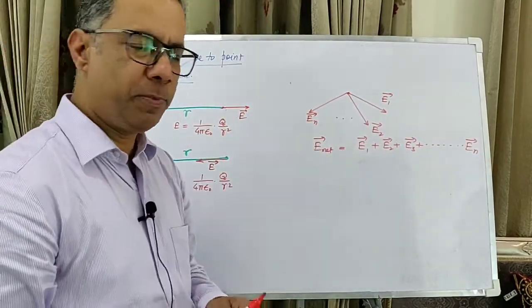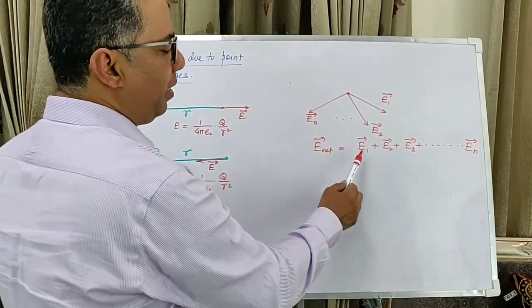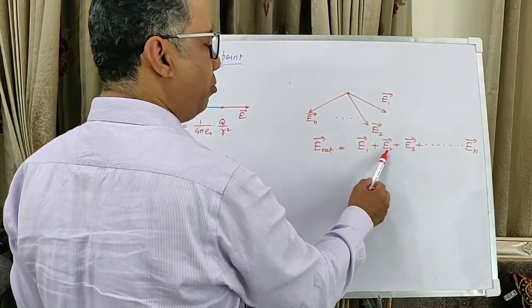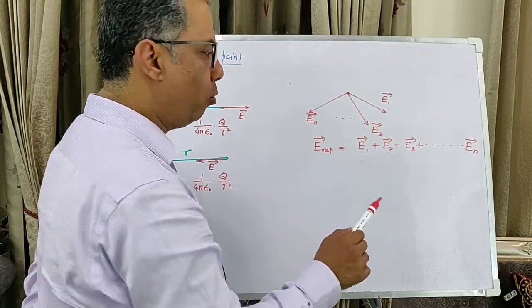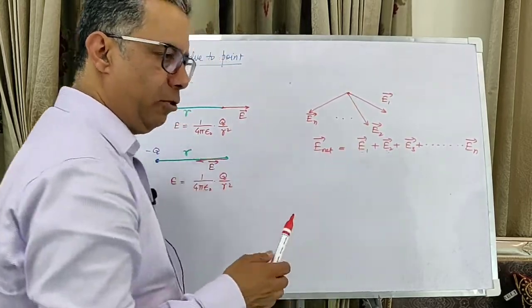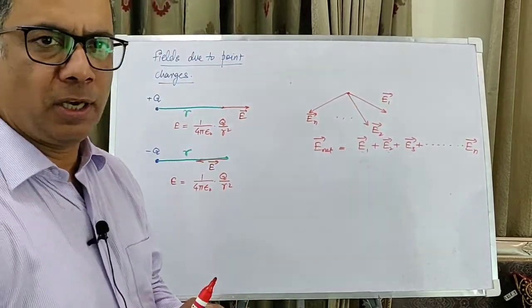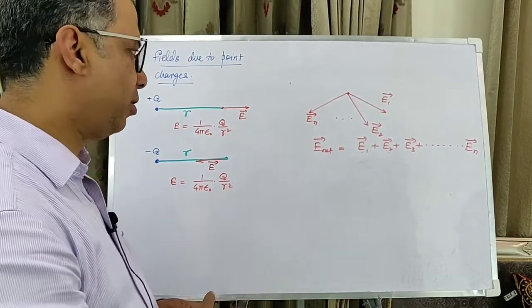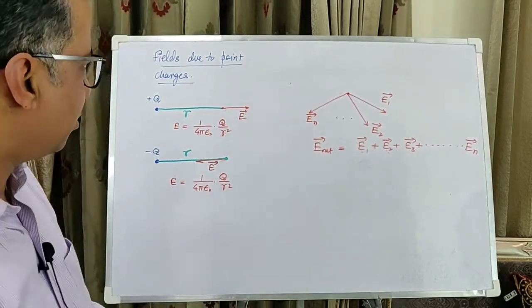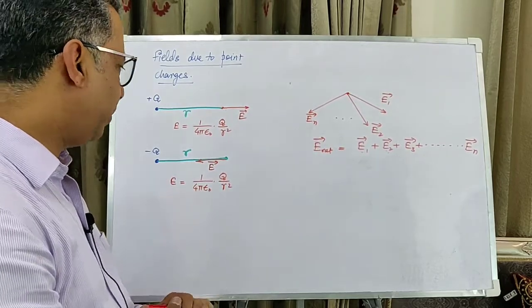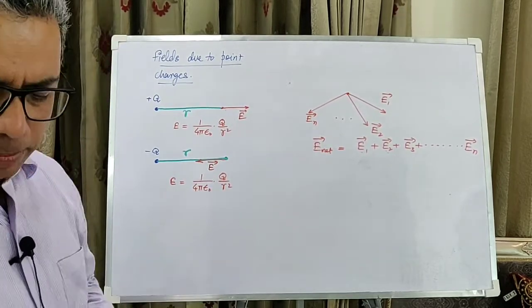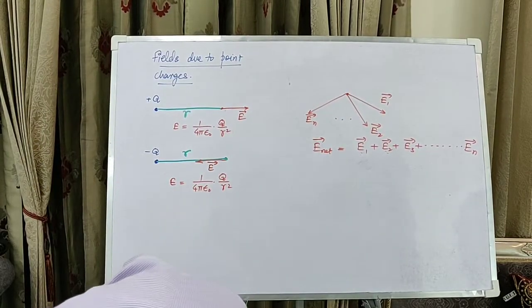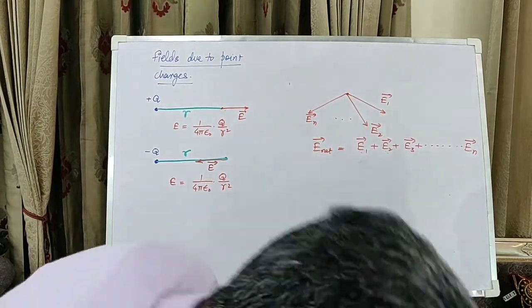This is, of course, our superposition principle, and here the individual electric fields are due to those individual charges alone. The electric field due to a given charge is not affected by the presence or absence of other charges in that neighborhood. So this here is a brief summary of what we learned in our previous video.